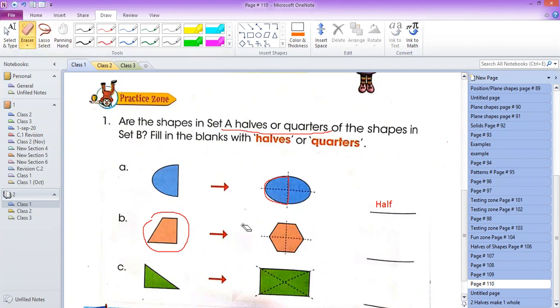If you divide it quarterly, look at this. This is a line like this, then this, and it is the same as this. So this is quarter. This is quarter. So you will write here quarter.